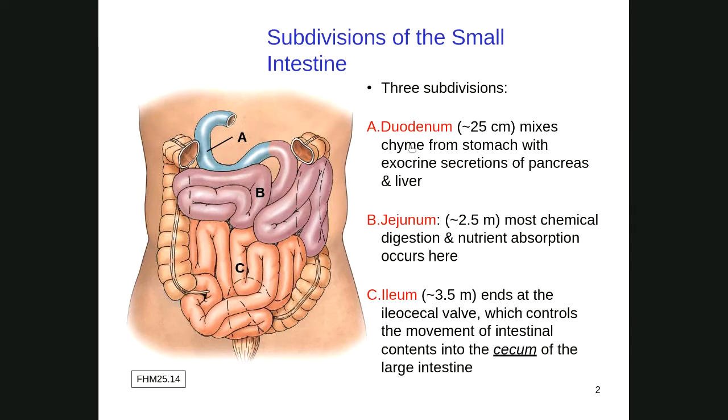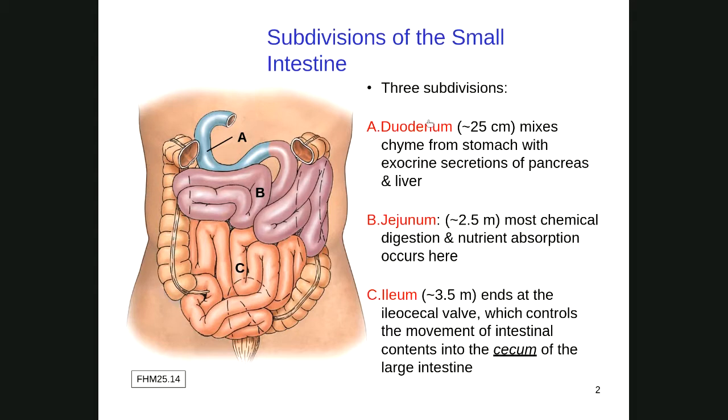Not only the duodenum, but there is one special thing in the duodenum. You are aware that we have accessory organs such as the liver, the pancreas, the gallbladder. Those organs will secrete their digestive elements into the duodenum.